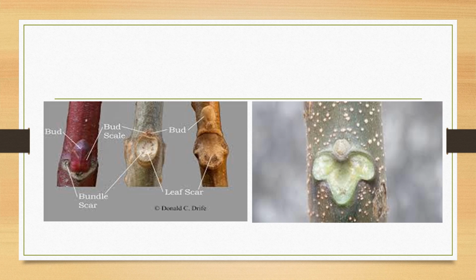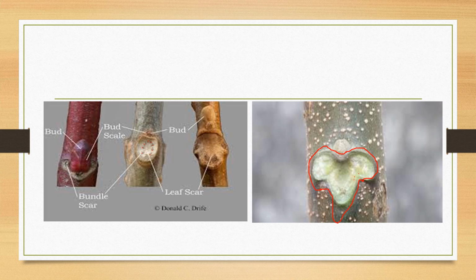Yes, in this picture you can see this is the leaf scar. So here in this location there was a leaf, but it fell down and left this scar called leaf scar. And inside the leaf scar you can see bundles. It's clear in this picture. This bundle was a vascular tissue which was attached to the leaf.